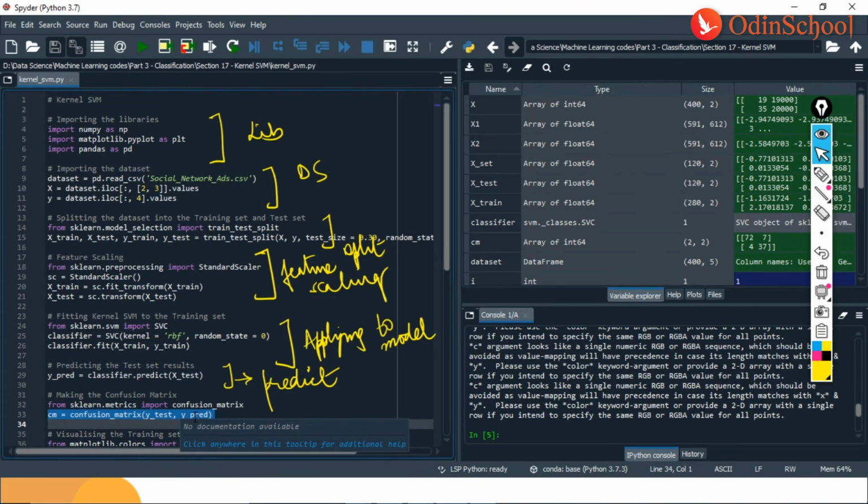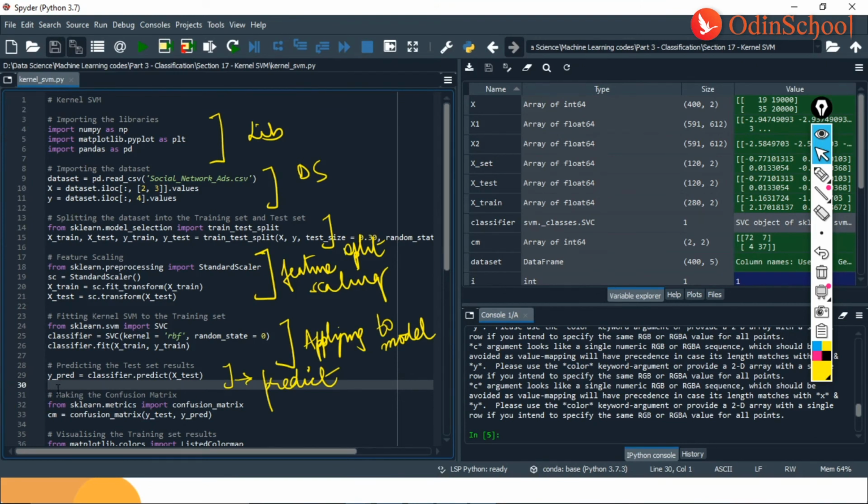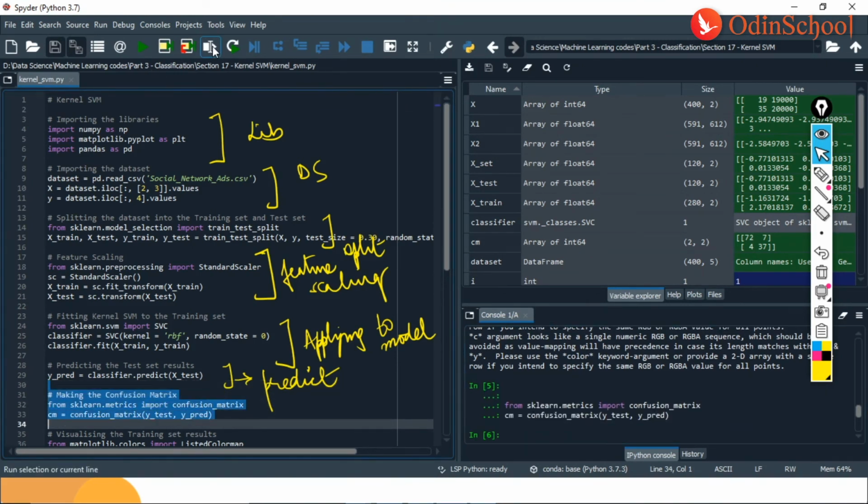And guys, so when I use my confusion matrix, right? So here we have CM.